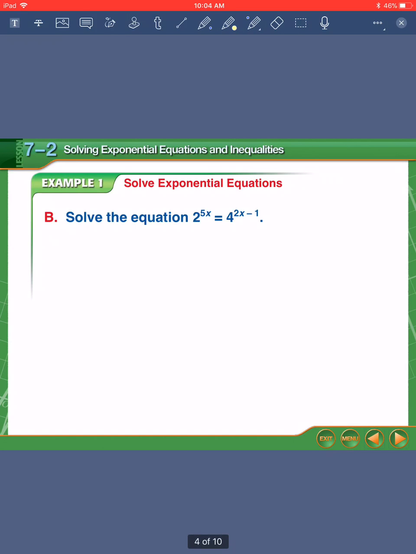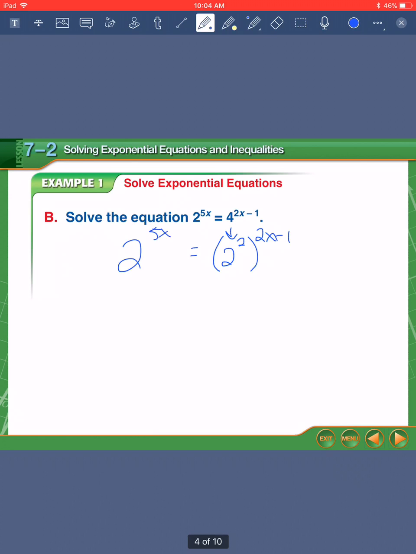So here I have 2 to the 5x equals 4 to the 2x minus 1. I need my bases to be the same. So I'm going to rewrite 4 to be 2 squared, and that's still raised to the 2x minus 1 power, and that equals 2 to the 5x power.